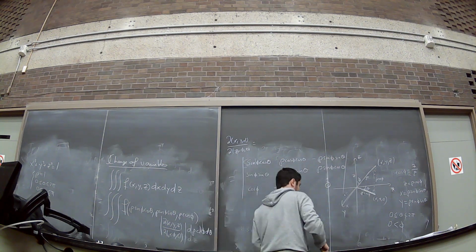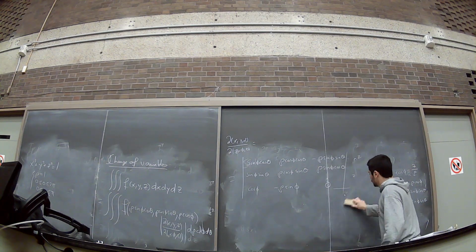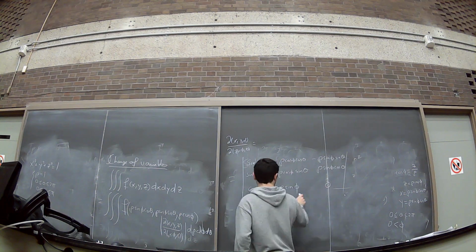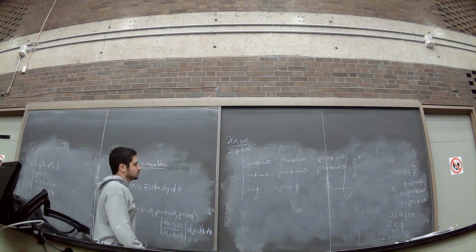I'll take the absolute value of this Jacobian. How do you expand this determinant? Along the last line, right? You get plus, minus, plus. So let's do it.